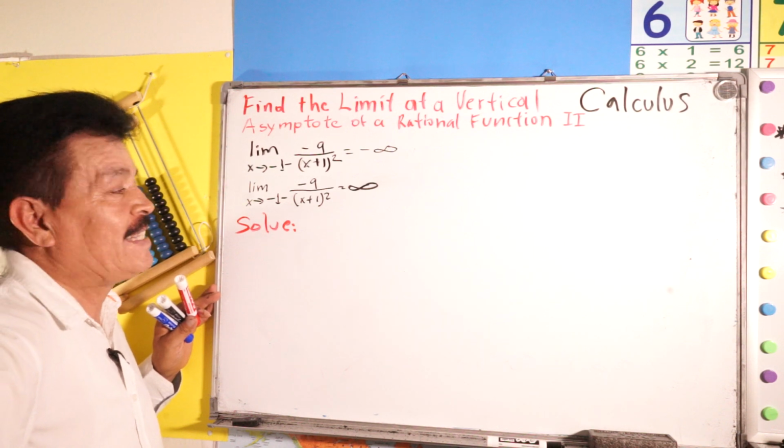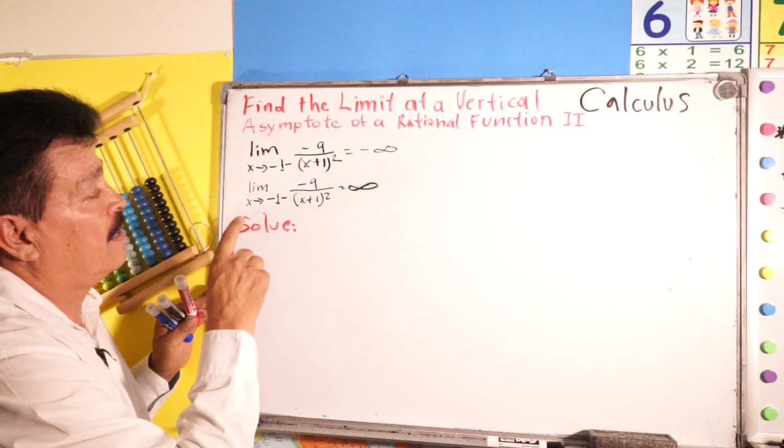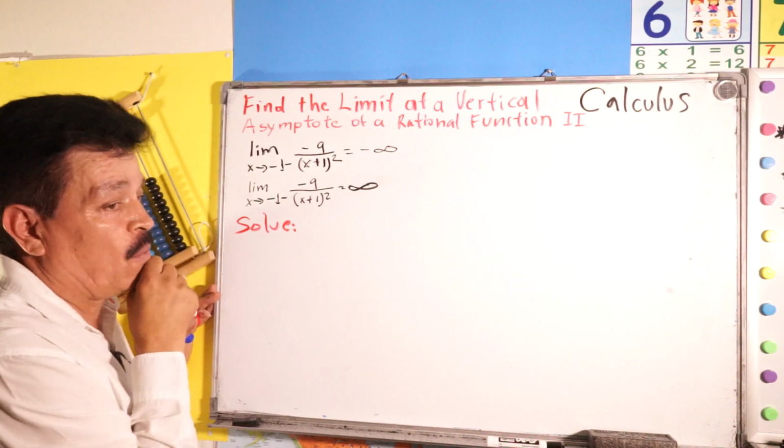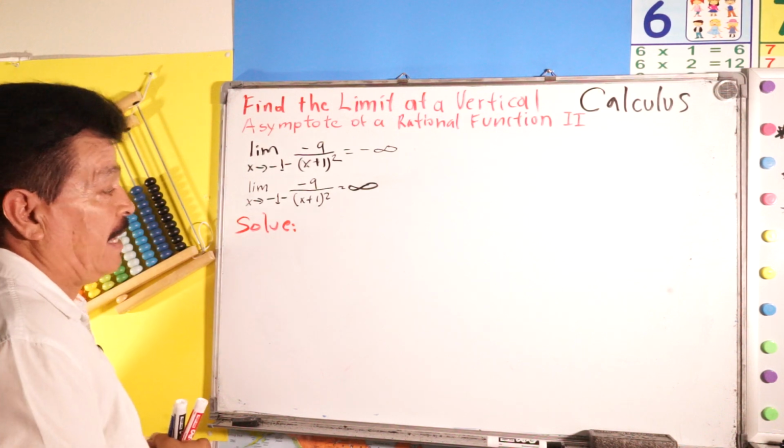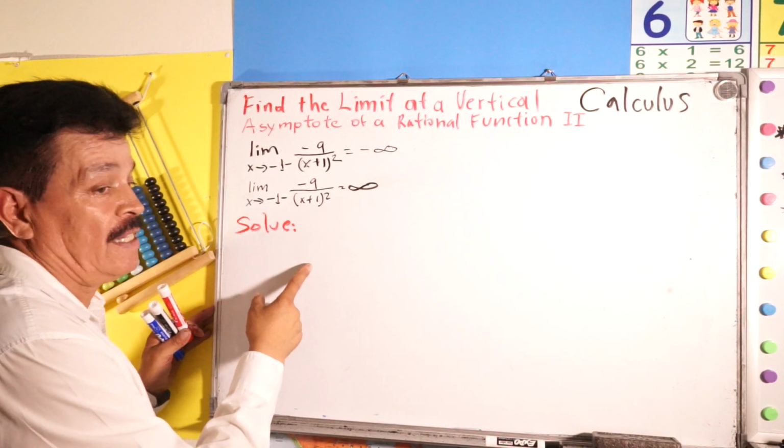One whose denominator is not 0 at x equals -1, and one whose denominator is 0 at x equals 1, 2, all right?